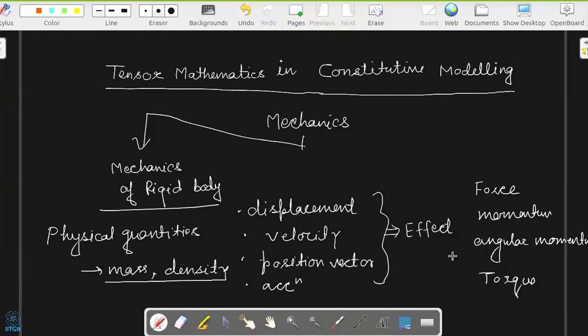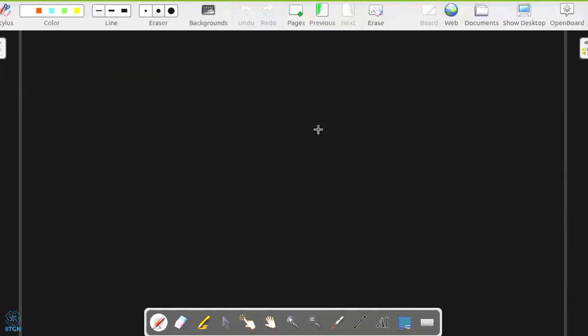So we observe the effect and try to find the cause behind it, and we have force and displacement, force and acceleration, and so on. And a very famous equation, if you remember, is F equals ma. That is relating cause and effect.